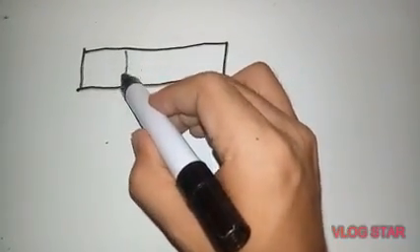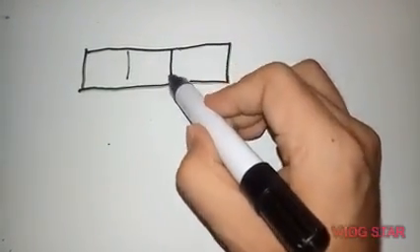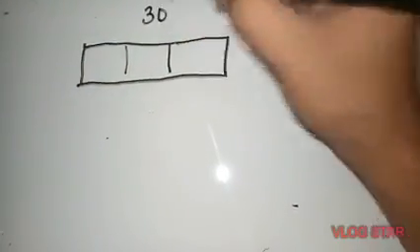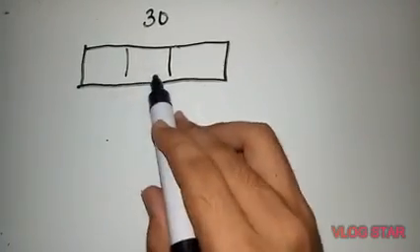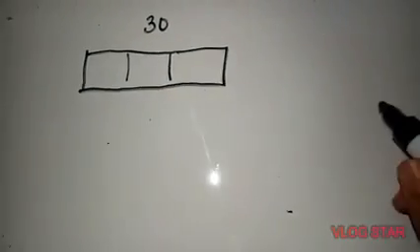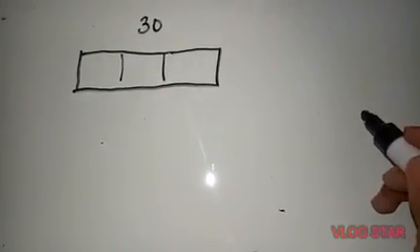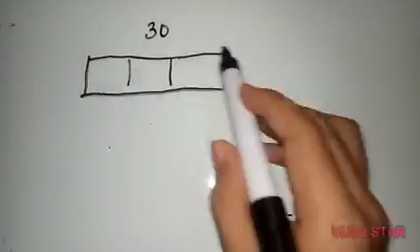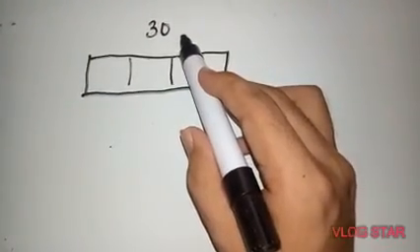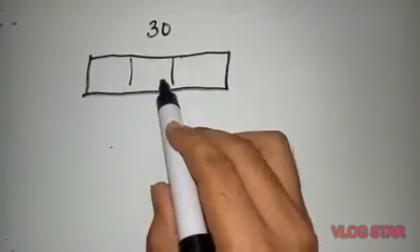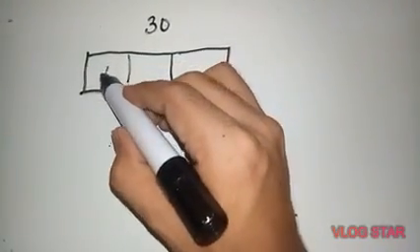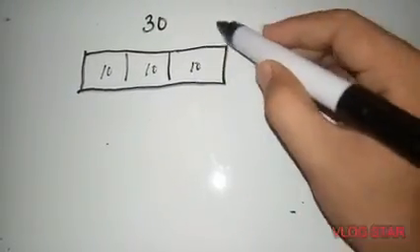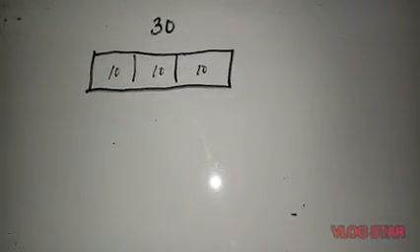Let's say this is the girls, which is equal to 30. So let's divide into 3. If this whole is equal to 30, each part is equal to 10. So this part is 10, 10, 10, which is equal to 30.